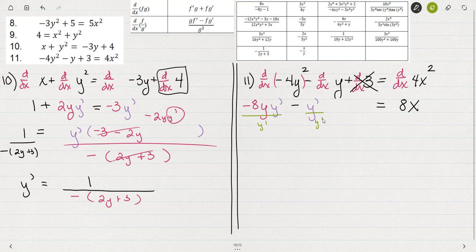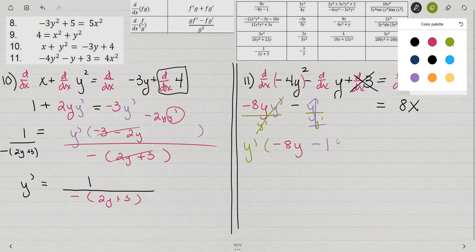When I factor out a y prime, what I'm doing is saying 8y prime divided by y prime leaves me with negative 8y. And then this negative y prime divided by y prime leaves me with negative 1. Not nothing, but y prime over y prime is 1, right? And that is going to be equal to 8x.